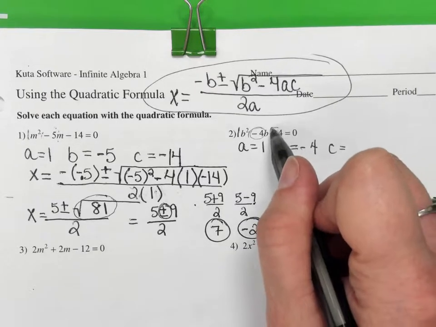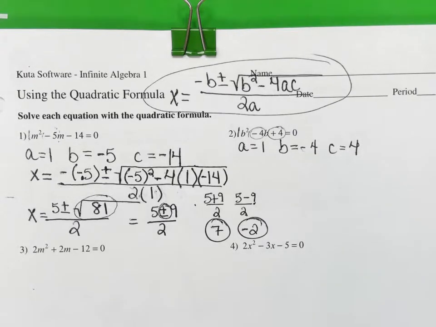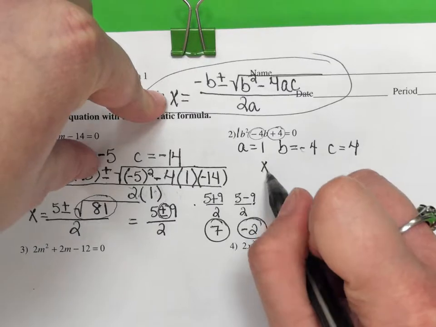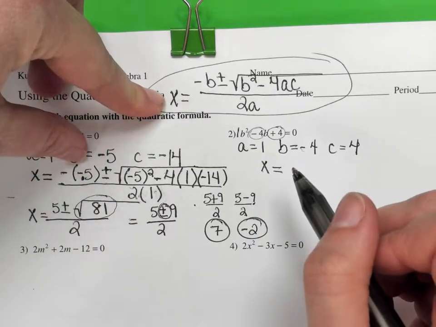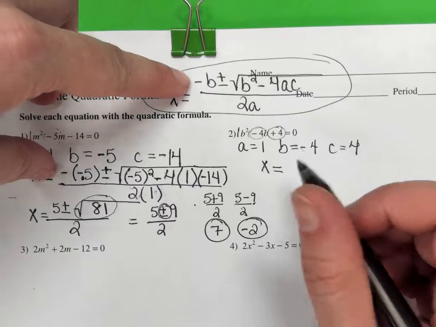What's the third number? Positive 4. Are y'all okay? Alright, Ethan, you ready? Let's plug it in. X equals. You okay, Leah? Good? Alright, what's first?